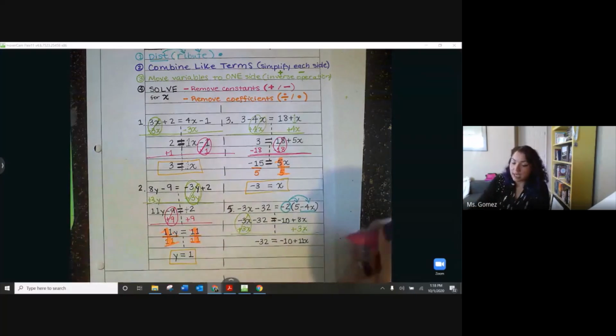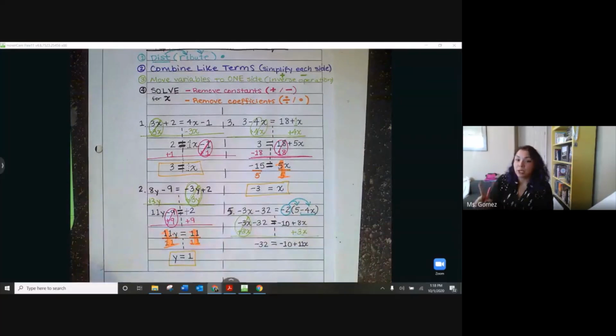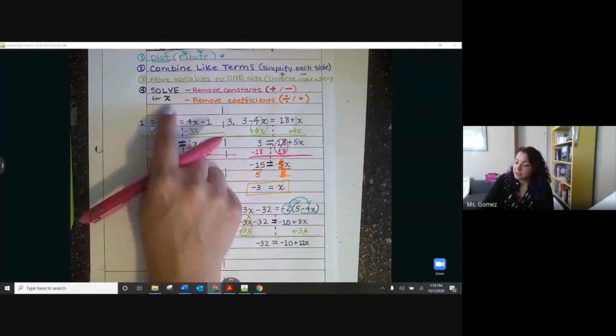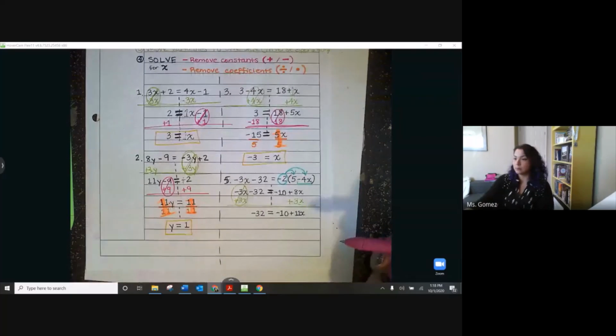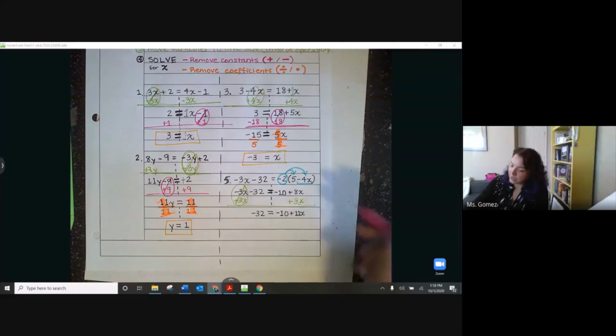There we go. Remove constants. Now remember, I'm talking about the constant that is on the same side of the x. We want to get it out of there. So tell me, what do I do? Add 10.